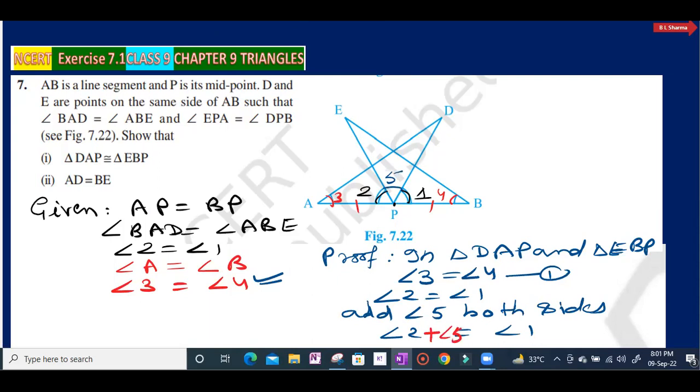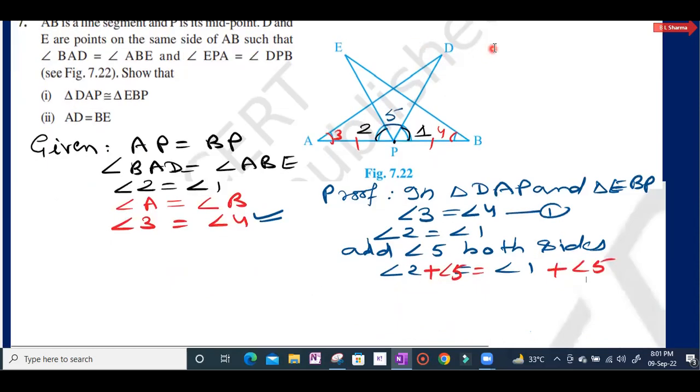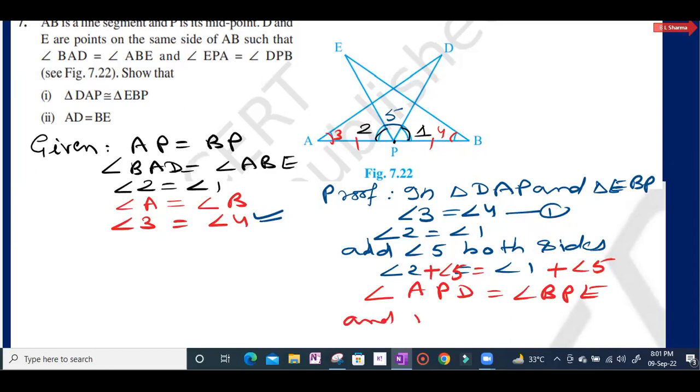Adding angle number 5 this side, angle number 5 this side, we find here that angle 2 plus 5, that is angle APD. Angle number 1 plus 5 means angle BPE. And it is given AP is equal to BP, given.